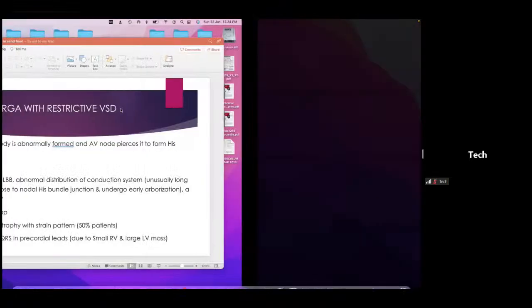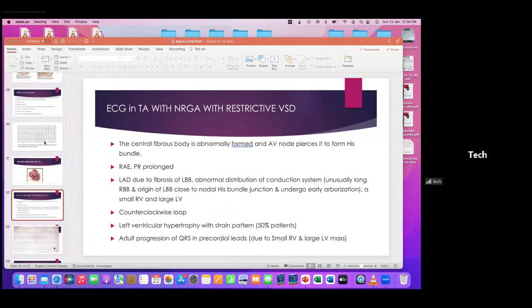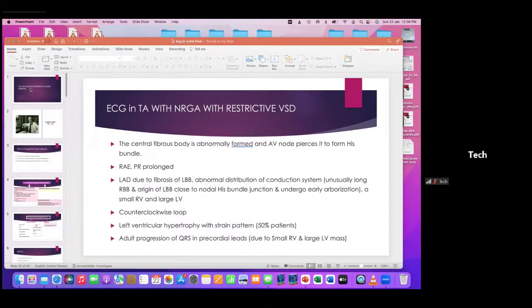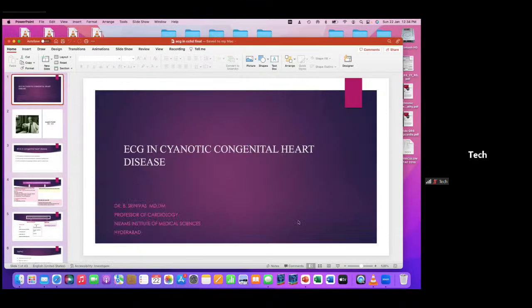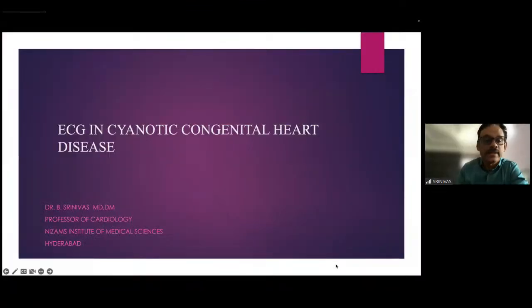Where do I find that? You can select desktop, sir. Desktop and share. Once you click share, now we can see. You can maximize your screen. Yeah, perfect. Thank you very much.